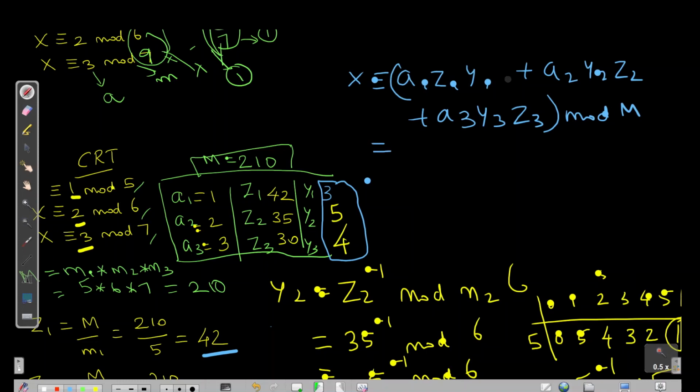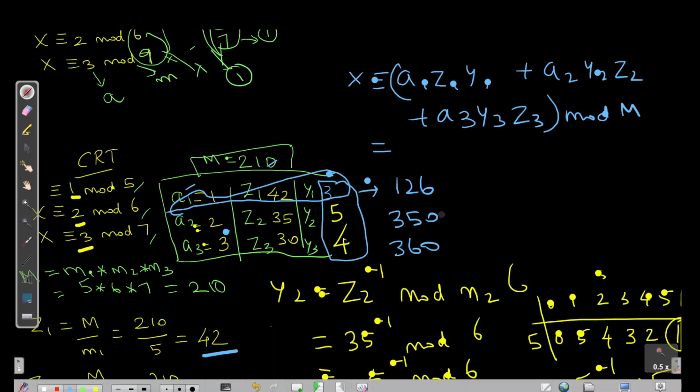I want to know A1, Z1, Y1. So here we have A1, Z1, Y1, A2, Z2, Y2. Now make this product row wise. 1 into 42 into 3, 1 times 3 is 3, 3 into 42 gives 126. Similarly, 2 into 35 into 5 gives 350. Similarly, A3 into Z3 into Y3, 3 into 30 into 4, is 360.